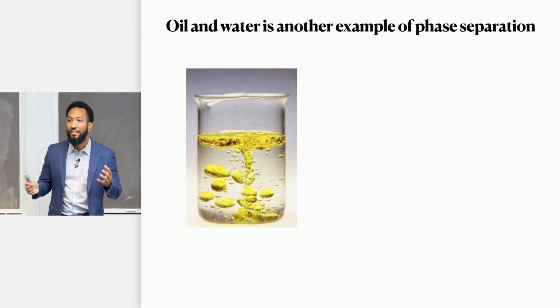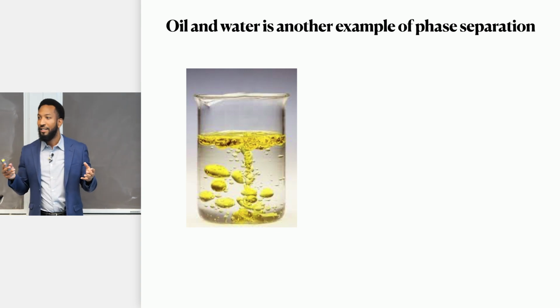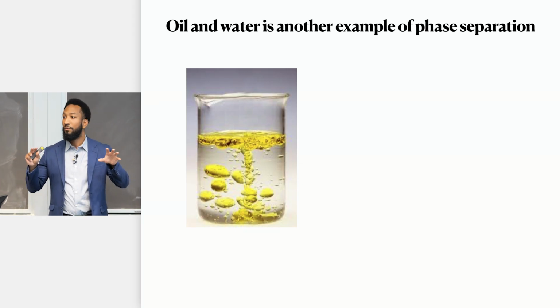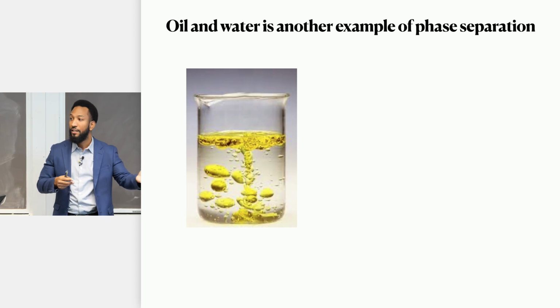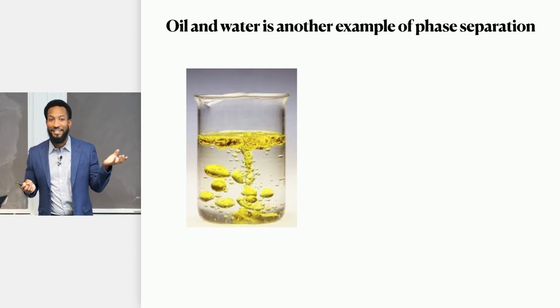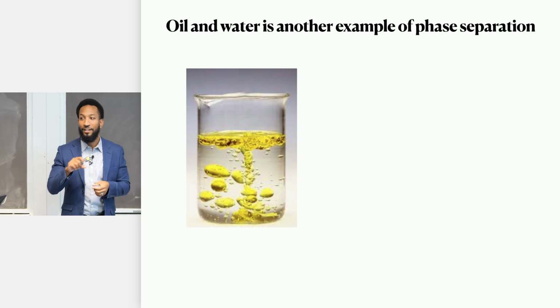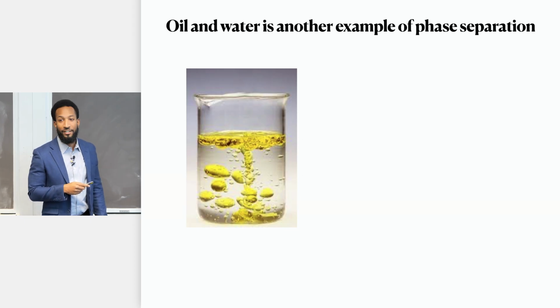Another way to think about phase separation, and I'm introducing this concept of phase separation, meaning there are just two different phases of matter. One way is, like I said, liquid water and vapor water. But another way to think about this is oil and water. If you've probably seen this, if you pour oil into water and shake it up, you might get something like this, right?